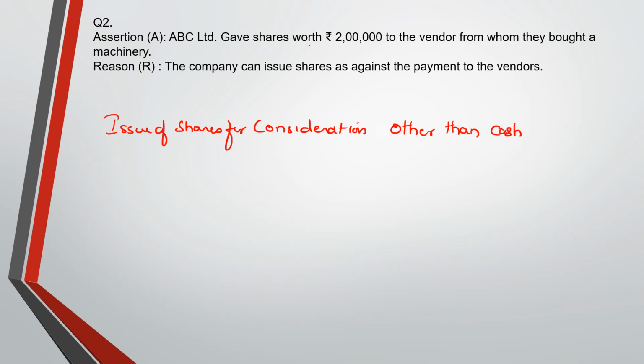So that is true, it is possible. Now reason: the company can issue shares as against payment to vendor. Correct, that is true. As a payment to the vendor, instead of paying them 2 lakh rupees in cash and reducing liquidity, they went ahead and issued the shares of the company, and therefore both reason and assertion are true, and reason is a correct explanation, and therefore the right answer here would be option A.